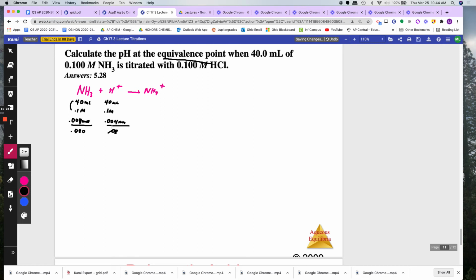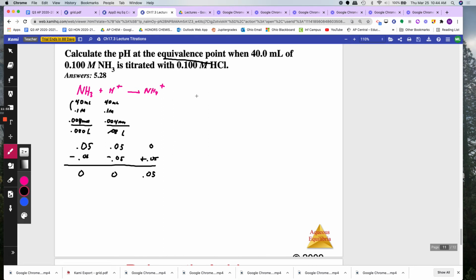I'll have 3 in the end. So I have 0.05 of this, and 0, minus 0.05, minus 0.05, plus 0.05. So I'll have 0, 0, and 0.05.